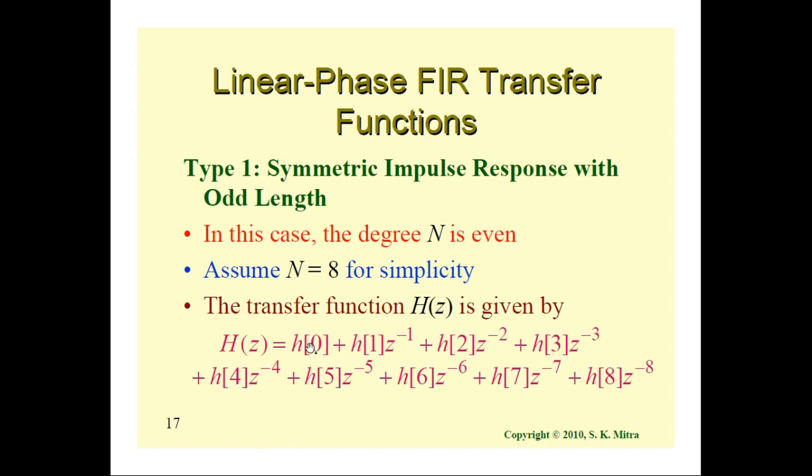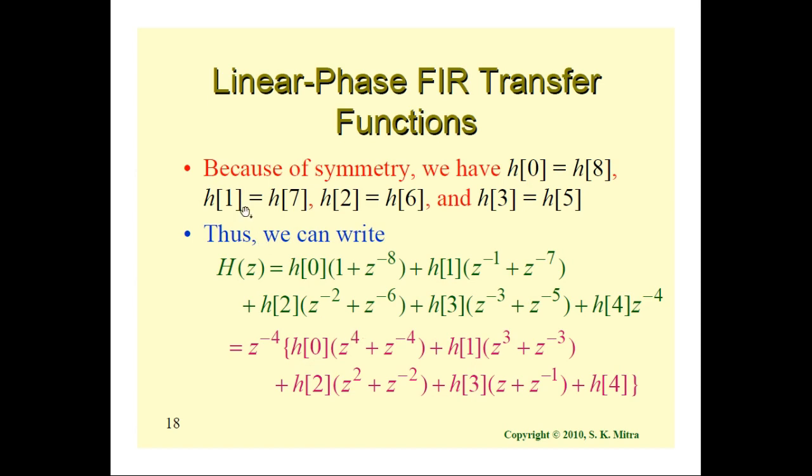So we combine all like amplitudes, and as a result we can rewrite the transfer function as shown in this equation in green color. We have combined all like coefficients: because h0 is equal to h8, it is simple to write only h0, and because h1 is equal to h7, we combine h1 and h7, taking h1 as a common factor, and so on.